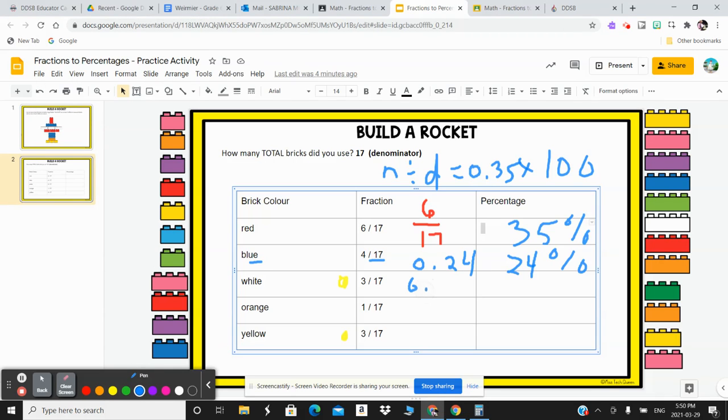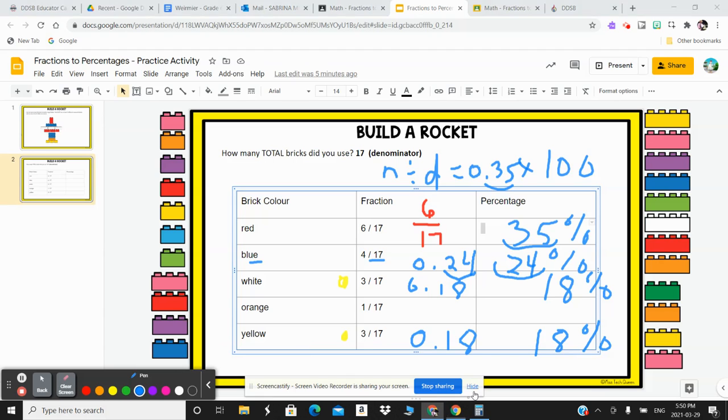So 0 and 18 hundredths. And I'll just fill this in too. Now, if you notice, 35 hundredths turn to 35%, 24 hundredths turn to 24%, 18 hundredths is going to turn to 18%, and 18%, because again, 3/17 for both white and yellow.